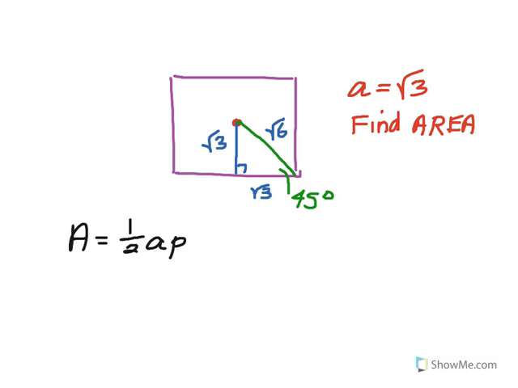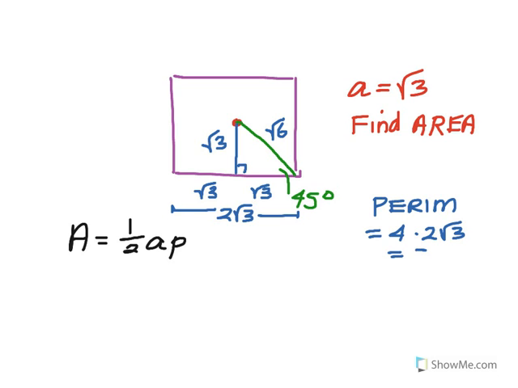But I really don't need to know that radius because I've got the apothem and I can find the perimeter. I know that the other half of that side is root 3 as well. So root 3 plus root 3 gives me a side length of 2 root 3. And the perimeter is 4 of those, so 4 times 2 root 3, or 8 root 3.